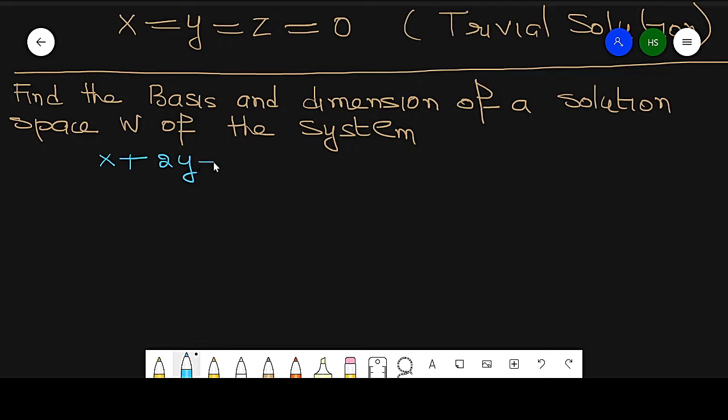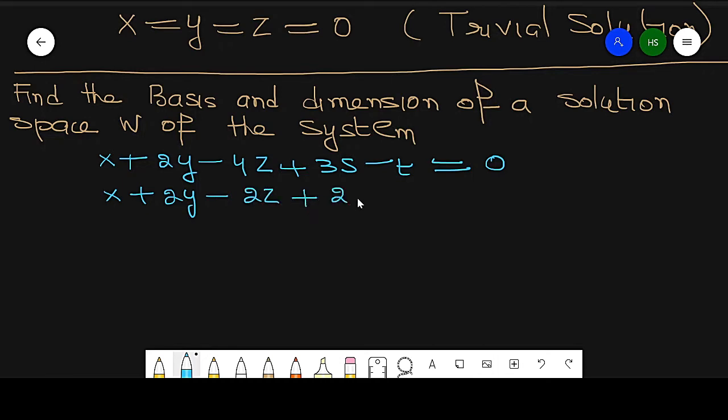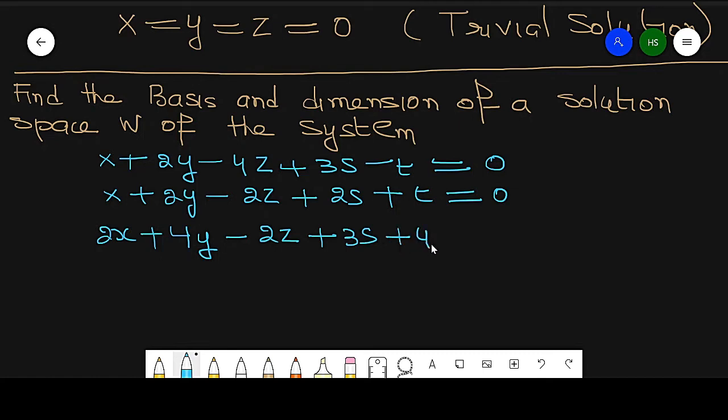x plus 2y minus 4z plus 3s minus t equal to 0, x plus 2y minus 2z plus 2s plus t equal to 0, 2x plus 4y minus 2z plus 3s plus 4t equal to 0.